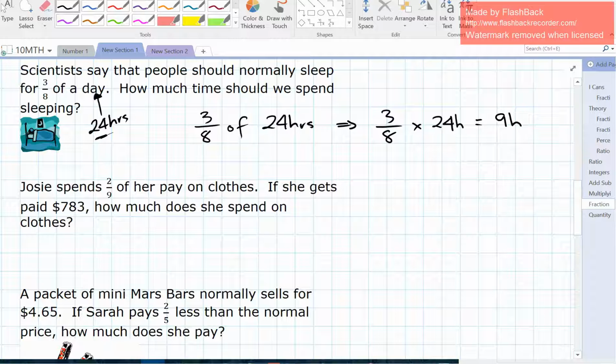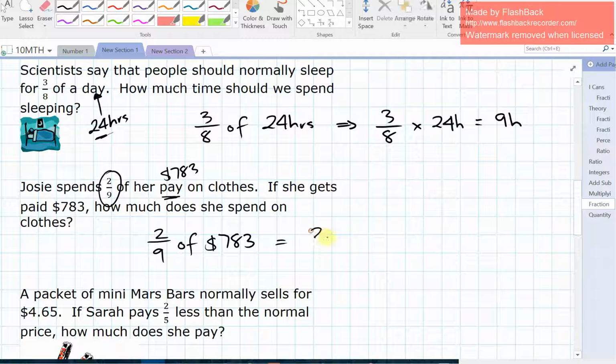Next question. Josie spends 2/9 of her pay on clothes. If she gets paid $783, how much does she spend on clothes? We know she spends 2/9 of her pay. So her pay is $783. So we're finding 2/9 of 783.